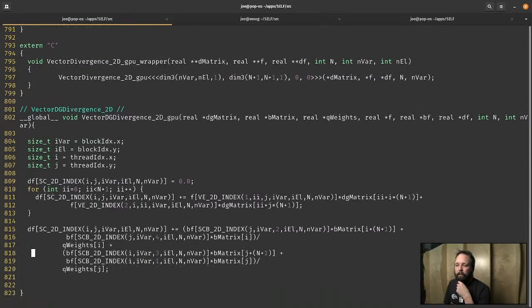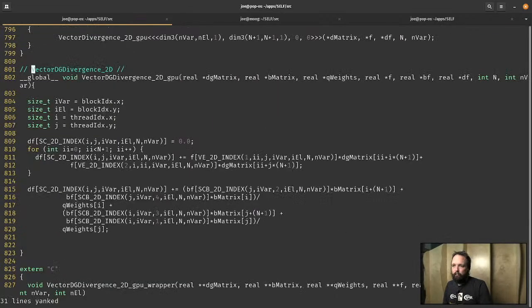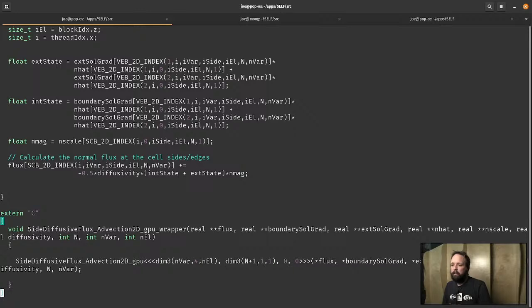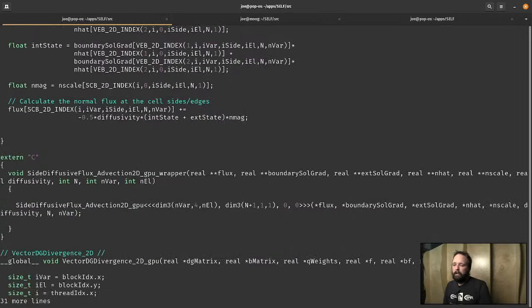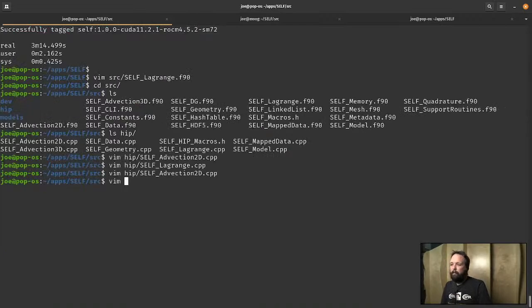So I've got lines 801 to 831. Copy that. Let's go into that self-advection 2D and paste that in. And what I'm going to do here is call this, you know what? I'm going to be very careful because I feel like I need to be a little bit more verbose here.